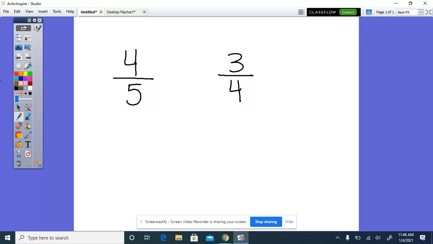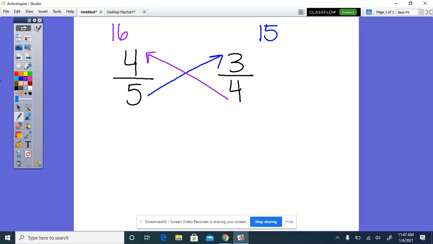The first way, I think, is probably the least complicated. You're going to multiply 5 times 3, and you're going to write the answer up here. Then you're going to multiply 4 times 4, and write the answer over here.